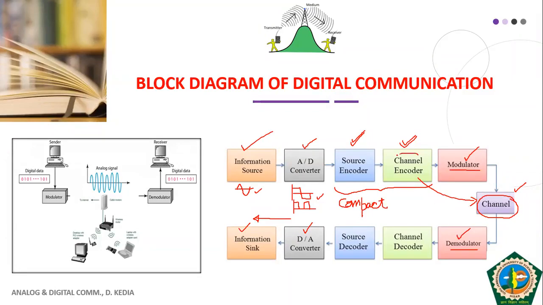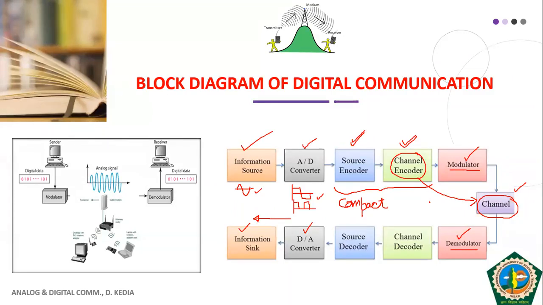So channel encoding schemes are there which make my signal robust so that it is able to fight against the distortions in the channel. The source encoder makes my signal compact and removes redundancy wherever possible, whereas the channel encoder makes my signal strong so that it is able to counteract the distortions in the channel.